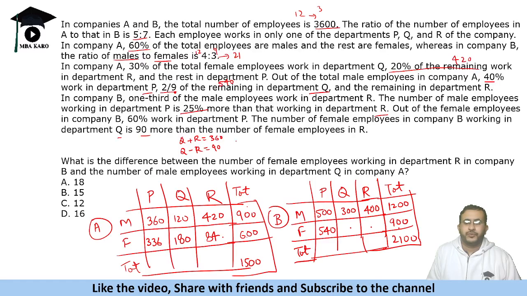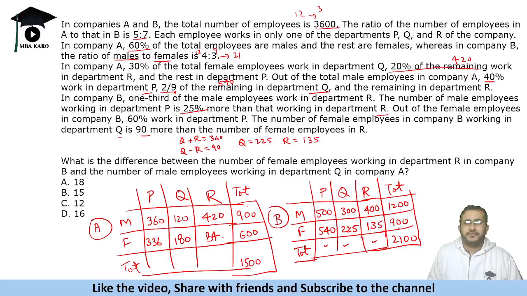So we get 2Q is equal to 450. So Q will be 225, and R 135. So 225 and 135. So these are the numbers that we will get, and you can total them if needed in a question.